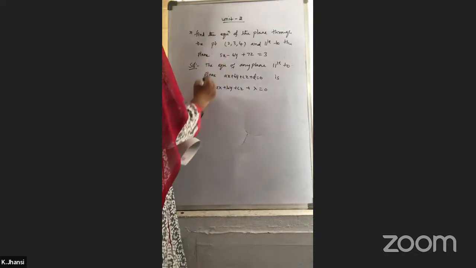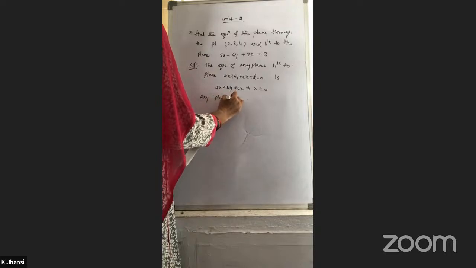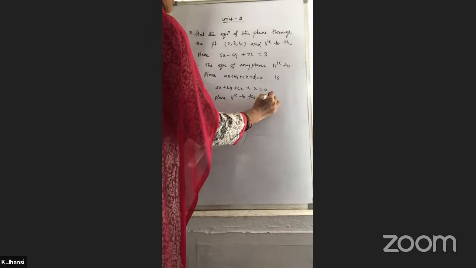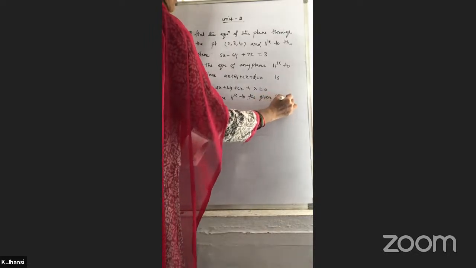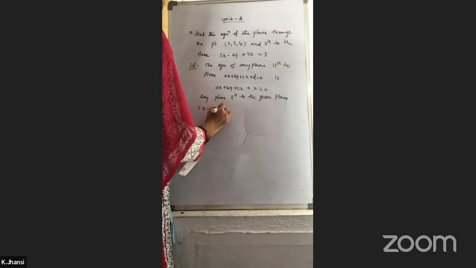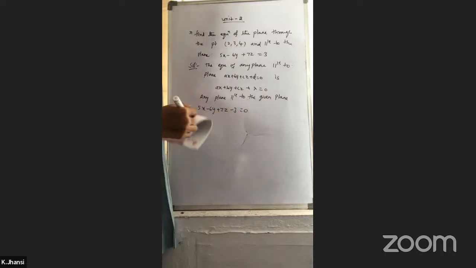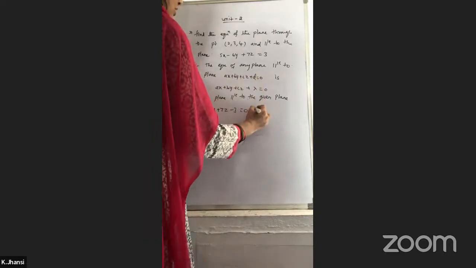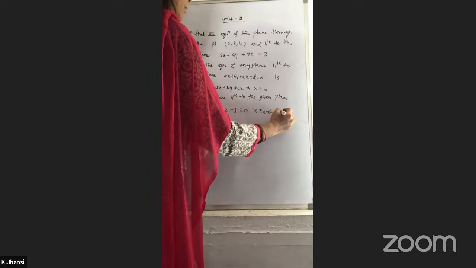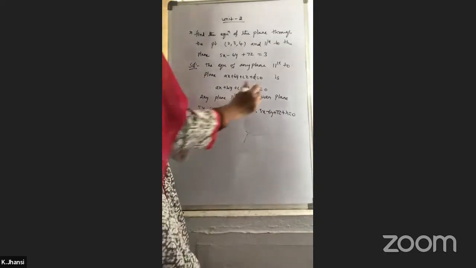So any plane parallel to the given plane, what is our given plane? It is 5x minus 6y plus 7z minus 3 equals 0. So the parallel plane is 5x minus 6y plus 7z plus lambda equals 0.